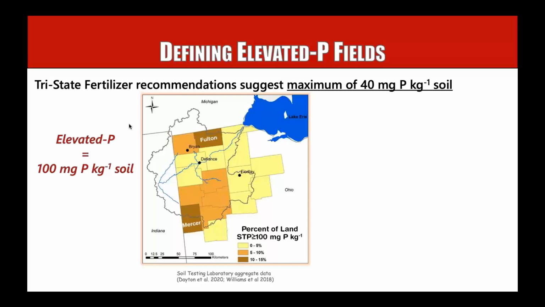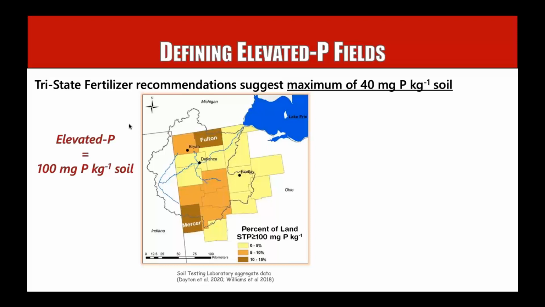So this is 2.5 times that. The other reason we chose 100 is because it's a nice round number, to be honest with you, but mostly because it's 2.5 times greater than the recommended agronomic rate that's needed to have productive yields of corn and soybeans.